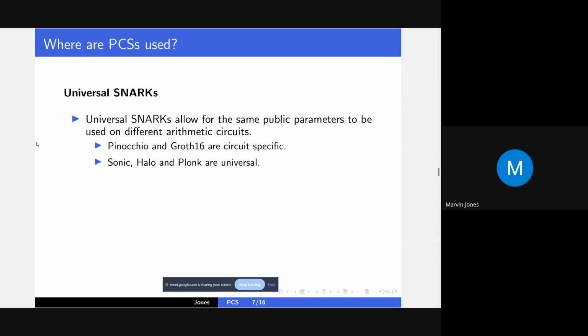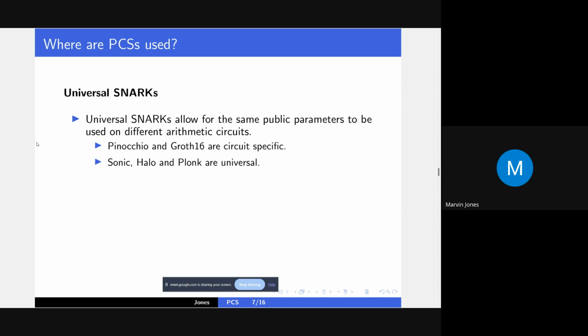That's that. So Pinocchio and Groth16, and if you're new to this, Groth16 is probably the one you've heard of. If you attended the ZK call about the infinite inflation glitch from Zcash, that was based on an optimized version of Pinocchio. But both Pinocchio and Groth16 have public parameters that have to be generated on a per circuit basis, which is very annoying.